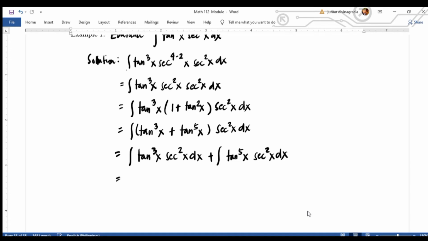So the integral is equal to tangent to the fourth of x over 4 plus tangent to the power of 6 of x over 6 plus constant. So that's it for example number 1 based on case number 1.